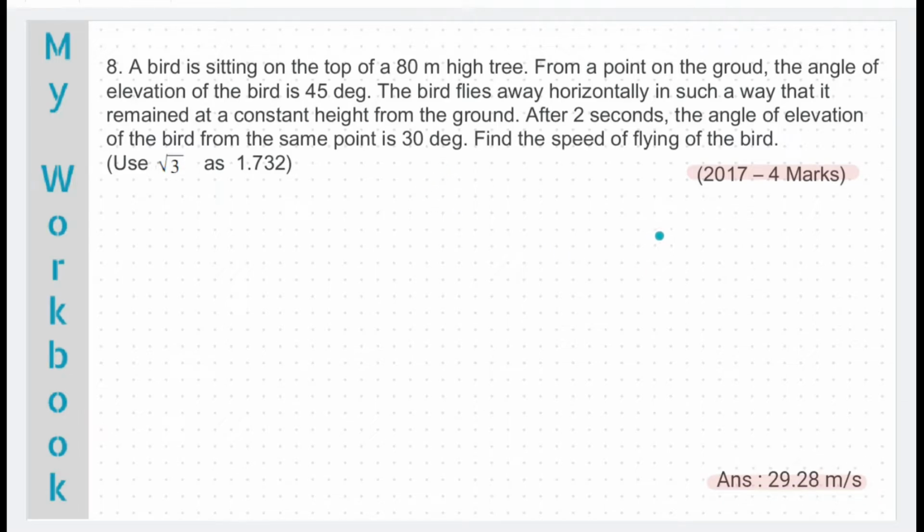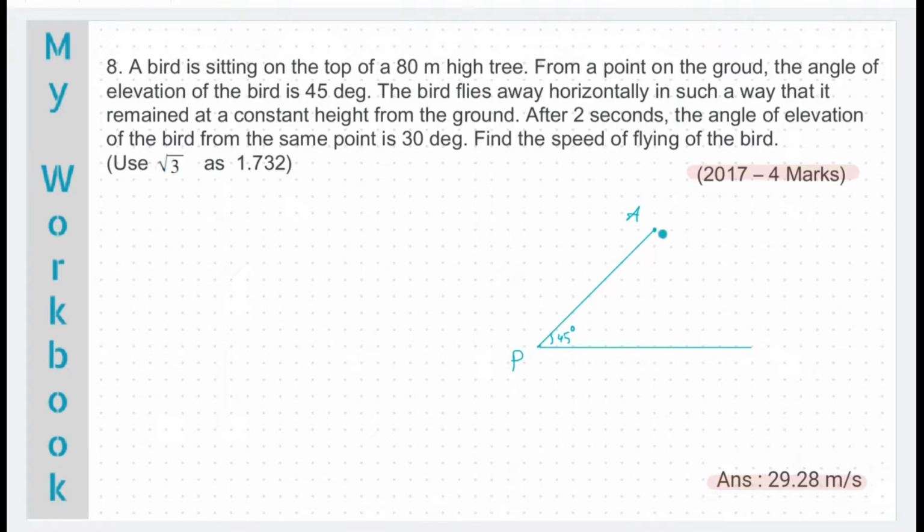Let's assume that the bird was at this point, say A. The angle of elevation from a point P on the ground is given as 45 degrees. So this is our ground level.